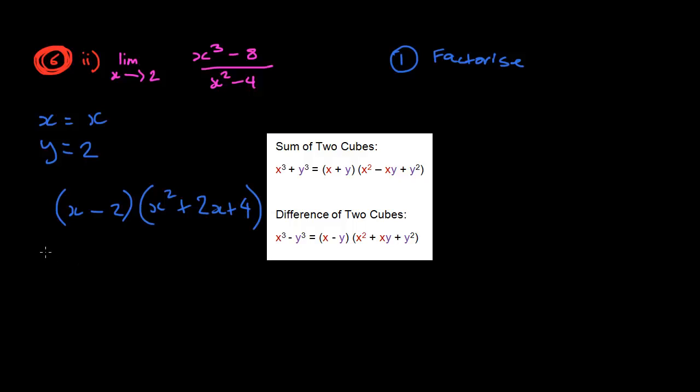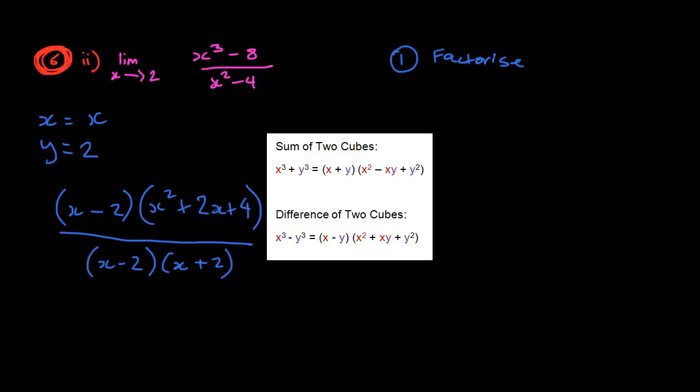What we can do now is solve this normally. So here we've got x squared minus 4, and then we've got it times x minus 2 times x squared plus 2x plus 4. And since this is a difference of two squares, you should have been able to figure that out. It's just x minus 2 and x plus 2.